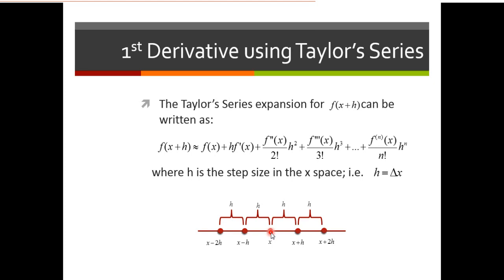For the 2-point backward difference formula, you are going to use the initial point, and the second point is the point at the back of your current interval, so you use x and also the interval at x minus h.